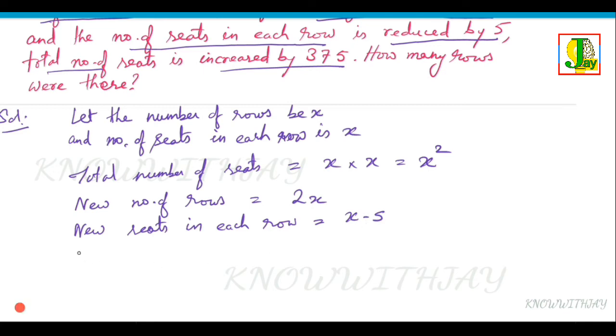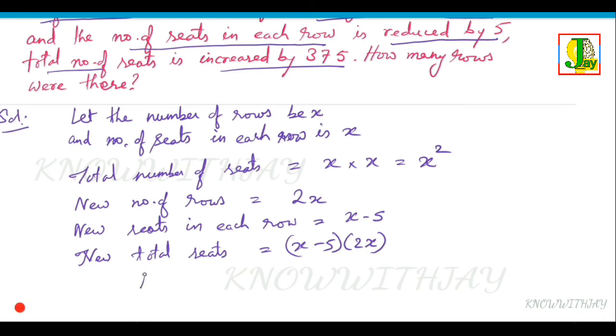So the new total number of seats equals x minus 5 into 2x. Now according to the condition, the total number of seats increases by 375.